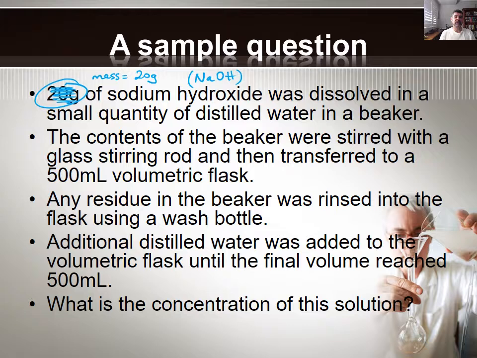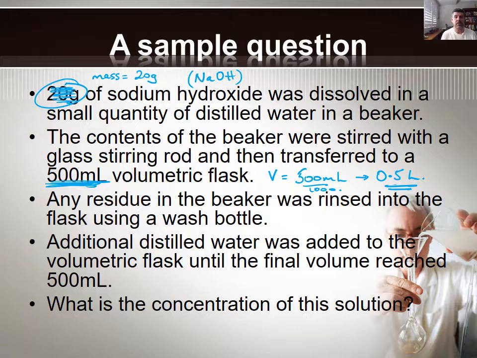It's going to be dissolved in a small quantity of distilled water in a beaker. The contents of the beaker was stirred with a glass stirring rod and then transferred to a 500 mL volumetric flask. So we have a volume of 500 mL, which I'm going to at this point convert to litres. So 500 mL is the same as half a litre, or 0.5 litres. So we're just dividing by 1,000 here to bring it to litres.